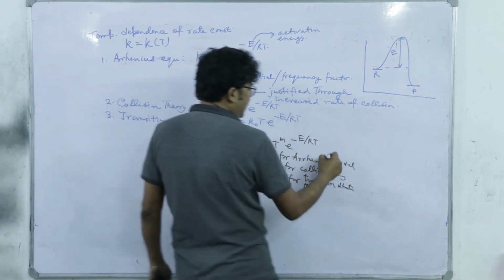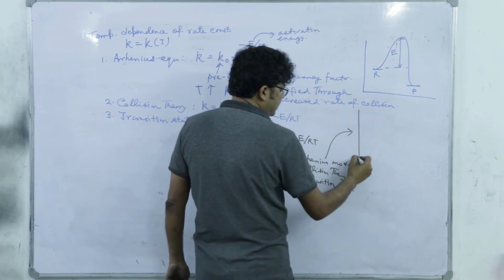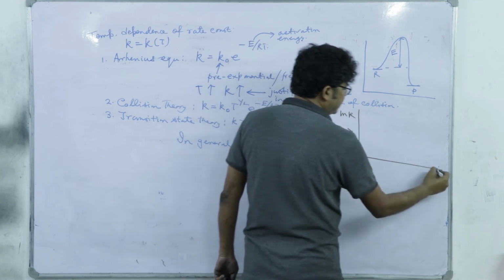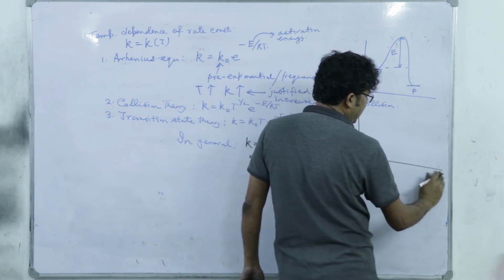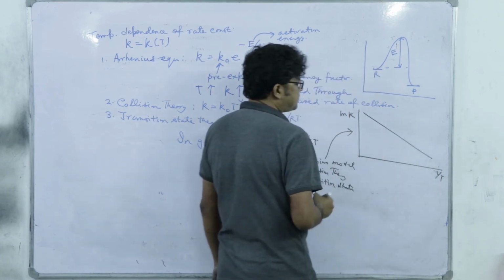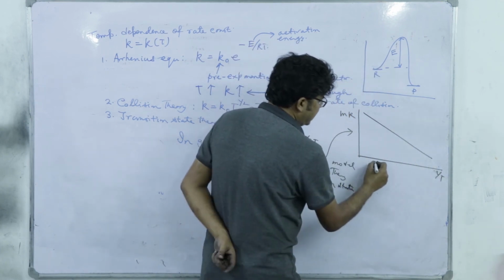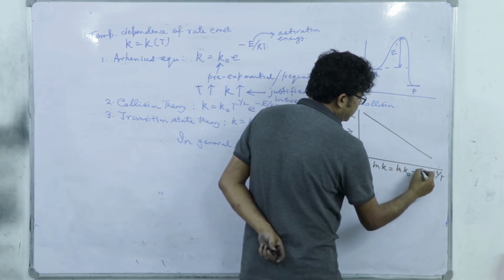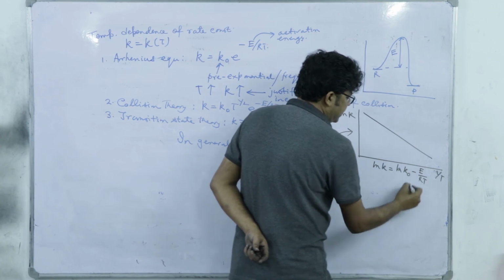And for the Arrhenius model, you see the plot of ln K versus 1 by T will reduce to a straight line form, because ln K is equal to ln K naught minus E by RT.